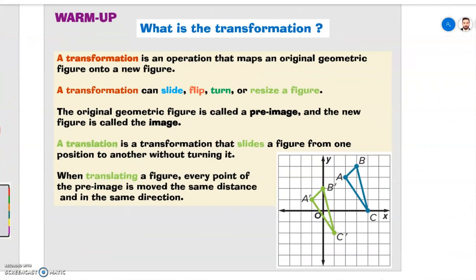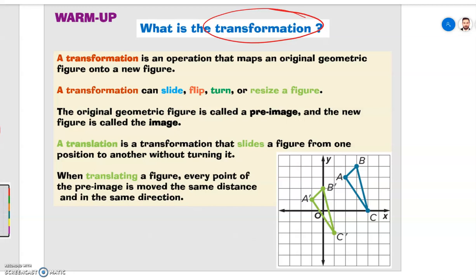Our warm-up is starting with what transformations are, and let's see what the word transformation means. Let me explain for all of you. A transformation is an operation that maps an original geometric figure onto a new figure.